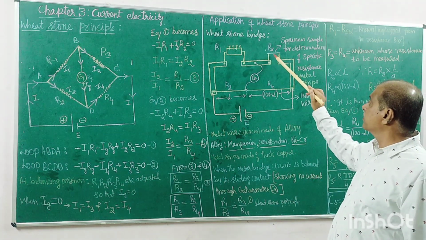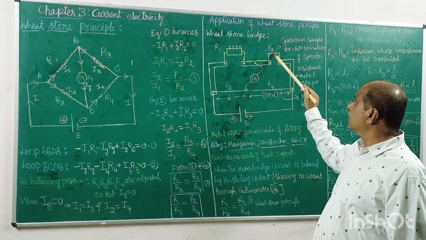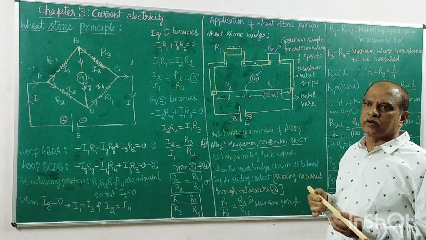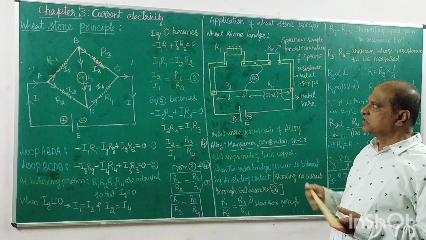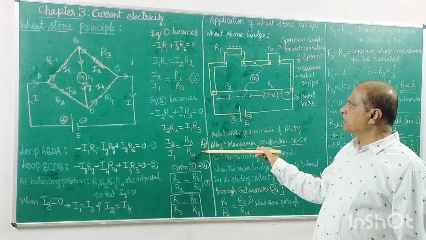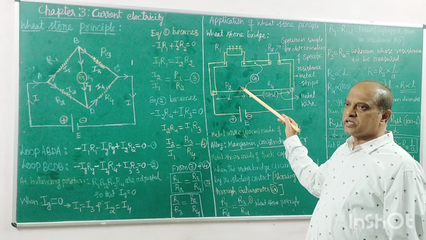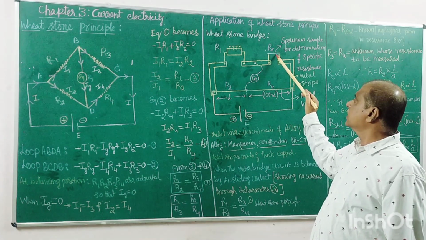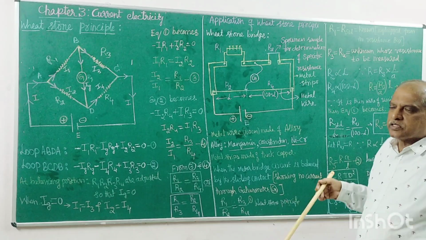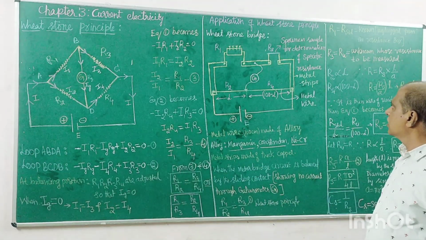Resistance to be determined, very important. Determination of the resistance of a conductor. The conductor is a specimen conductor or a sample. That is the application. Using this principle, or using this instrument, we can find out the resistance of that conductor. Then you can take out other applications and evaluations from that resistance.